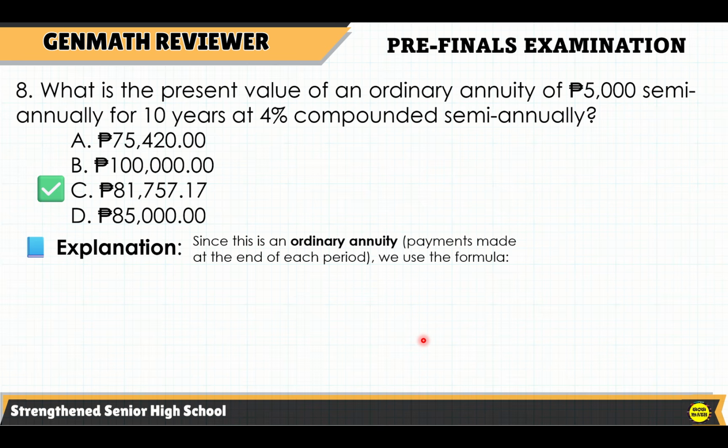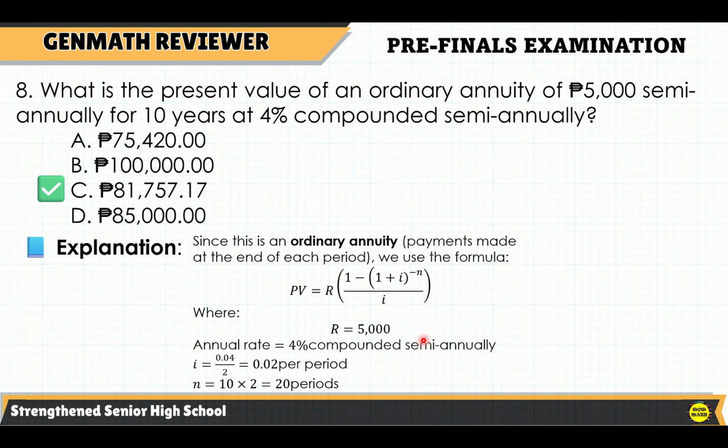So letter C, why? Since this is an ordinary annuity, payments are made at the end of each period. So we use the formula R, or the regular payment, multiplied by 1 minus the quantity (1 plus I) raised to negative n, over I. The I will be R over M. The regular payment is 5,000. The annual rate is 4% or 0.04.